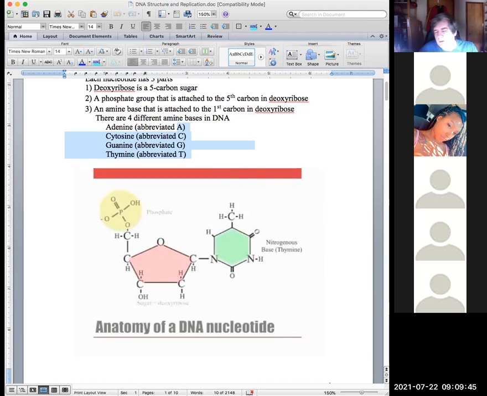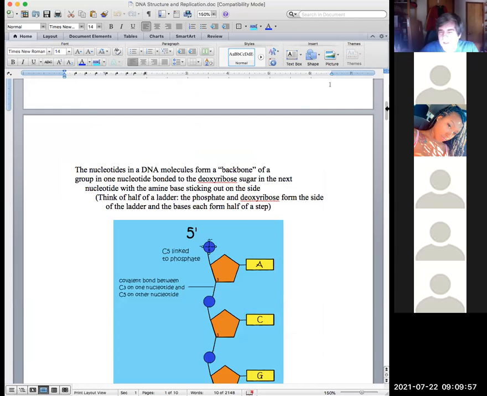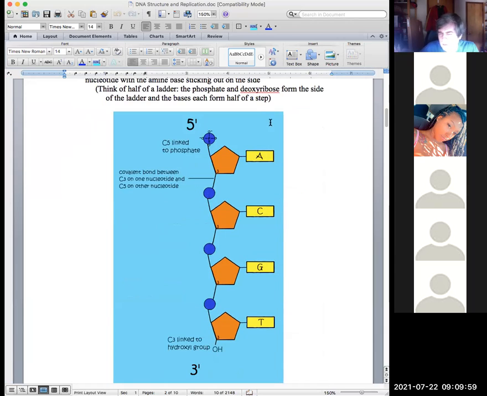So this is one nucleotide, but I just said that a molecule of DNA on average has about 150 million nucleotides. So let's look at how these are joined together. We have the deoxyribose sugar, and it has 5 carbons, so it's always represented as some sort of pentagon. And we have the phosphate group, which is purple here.